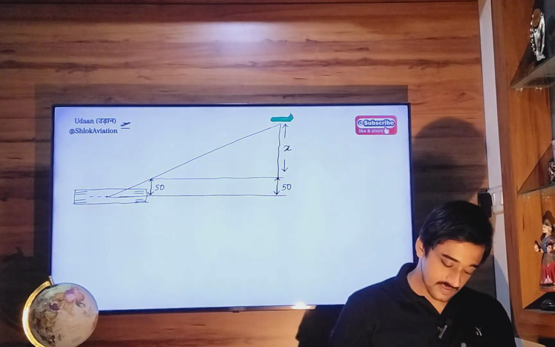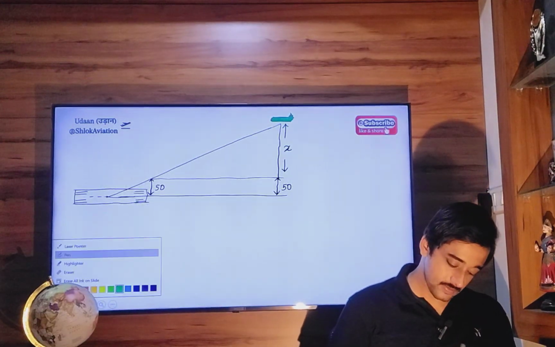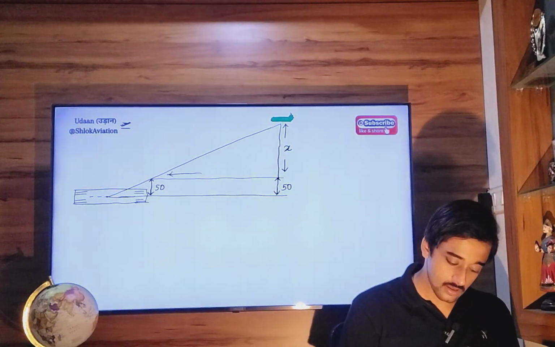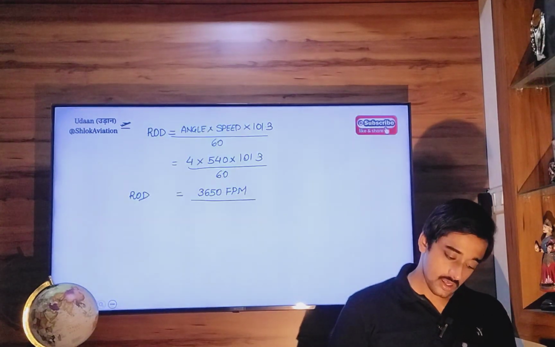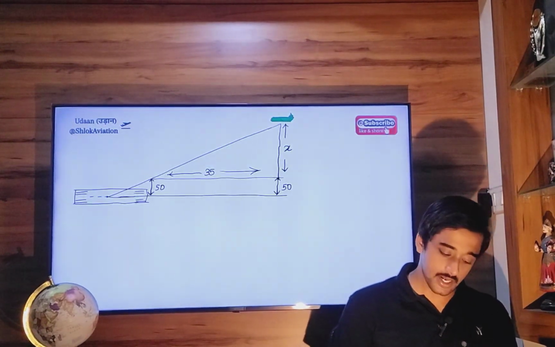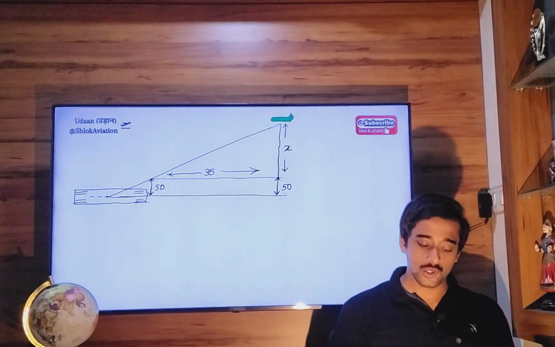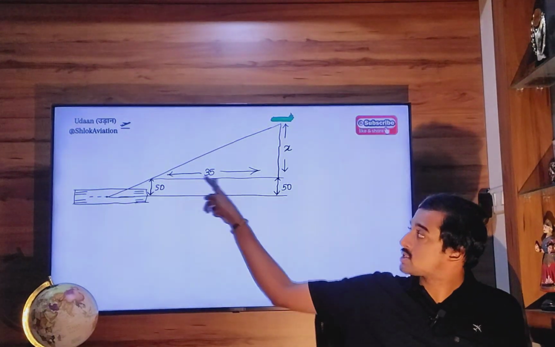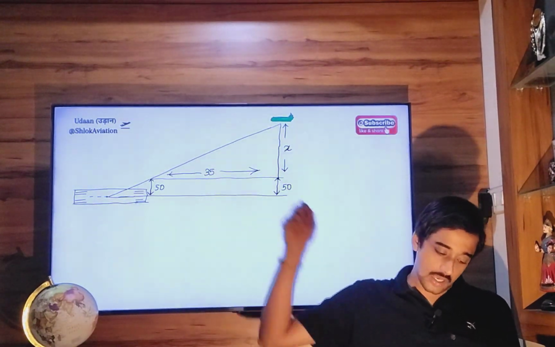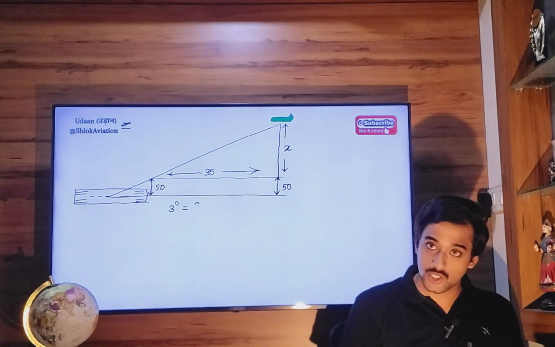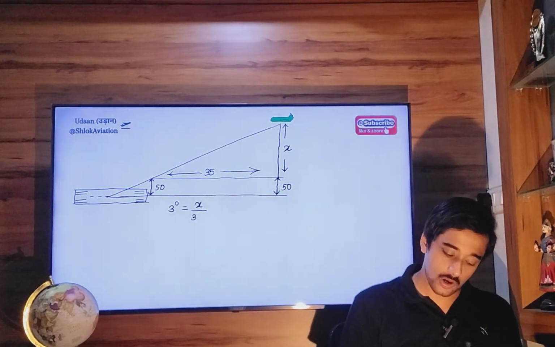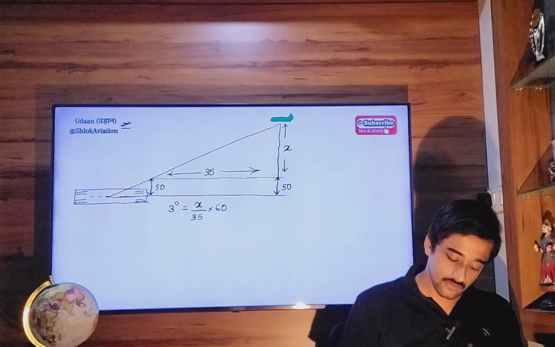Okay, 35 miles away, and the glide slope is 3 degrees, standard glide slope. So let's use the 1 in 60 rule formula in this triangle. So angle, which is 3 degrees, equals distance off track divided by distance gone into 60.